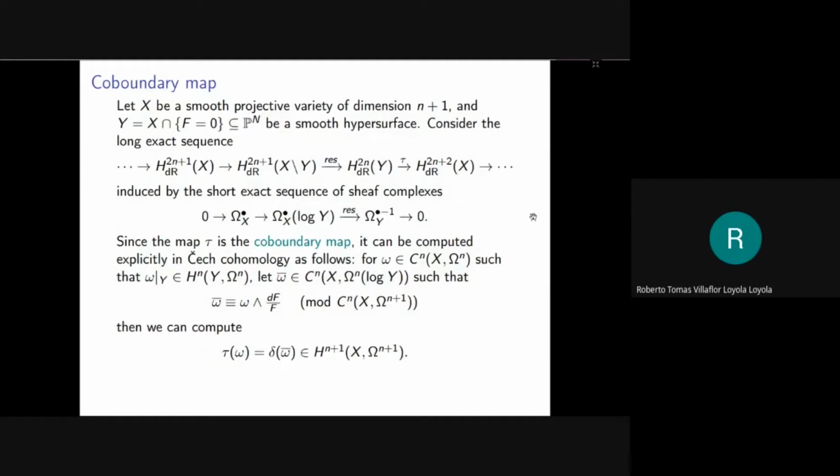Using this other description of the map tau, we can understand the relation between the period of form omega inside this 2n de Rham cohomology group of Y, and the period of tau omega inside this cohomology group of X. This relation is given as follows. The period of tau omega is minus 2 pi i times the period of omega.